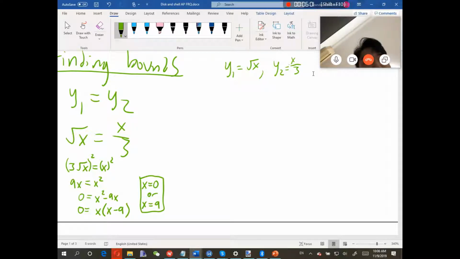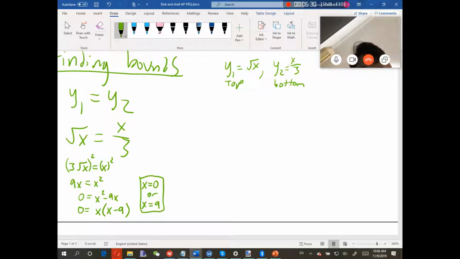If I plug in 9, these are going to be equal, right? Since we already set these two equal to each other to get 0 and 9, you can pick any number you want between 0 and 9, and that'll tell us which one's on top. 1, okay? If I plug 1 into y1, I'll get 1. If I plug 1 into y2, I get 1/3. So y1 is my top function, and y2 is my bottom function.